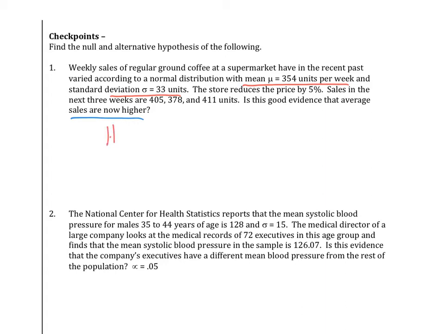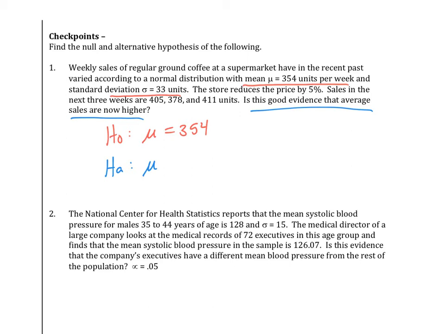So the null hypothesis is the average you're given. They tell you the average is 354 units per week. The alternative hypothesis is the statement that goes against that. You want to find out, is this good evidence that the average sales are now higher?